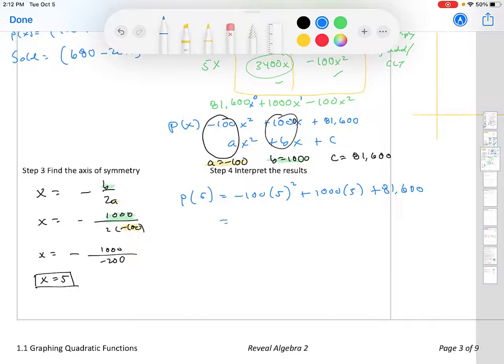So I would get here 25 times 100 gives me negative 2,500. This one's 5,000, and this one you would get that number. So if we do all those numbers together, plus 2,500, this is going to be your vertex.